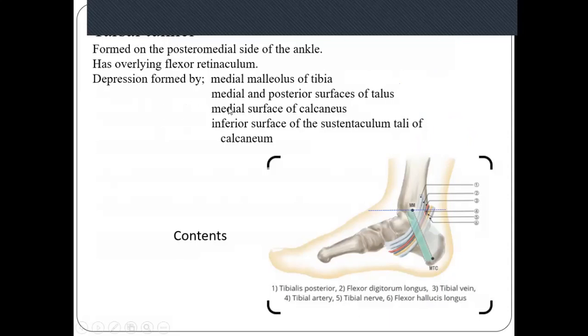This is the same as the carpal tunnel in your hand. Okay, this is the tarsal tunnel. It also contains some nerves, veins, and tendons, like the carpal tunnel in your hand. This tarsal tunnel is formed on the posteromedial side of the ankle. It's on the medial side, and it has an overlying flexor retinaculum.